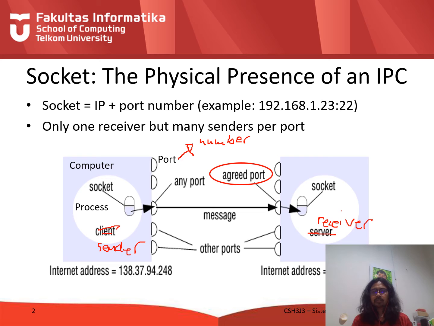When a sender wants to send to the receiver, it usually needs something called an address. Also, it needs data. So when you send something, you need a package and you need an address. And in an address, you need two things. First, you need the IP address.